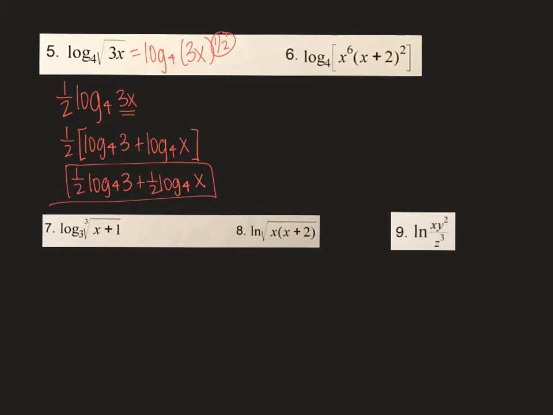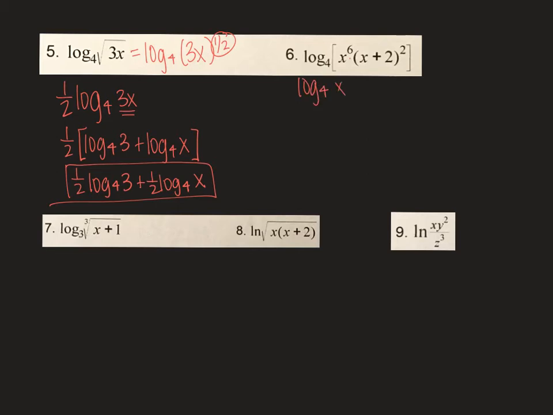So when we look at number 6, and feel free to pause this and try any of these on your own whenever you start to feel comfortable. But in number 6, we have the log base 4 of x to the 6th times x plus 2 squared. So since they don't both have the same exponent, we're going to take care of that multiplication first.